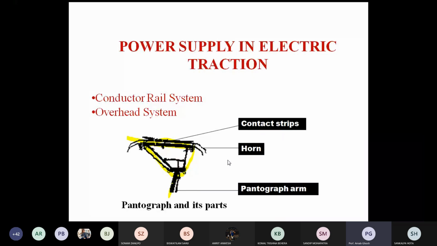An individual motor coach can drive another two additional coaches. So if the electric multiple unit has four motor coaches, how many bogies can you accommodate? Four into three: one motor coach is capable of driving three bogies, so four motor coaches can drive a maximum of 12 bogies.